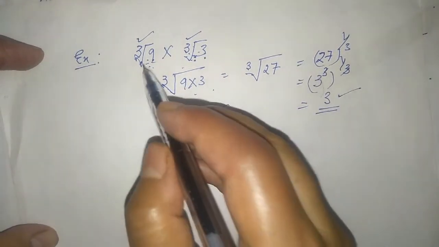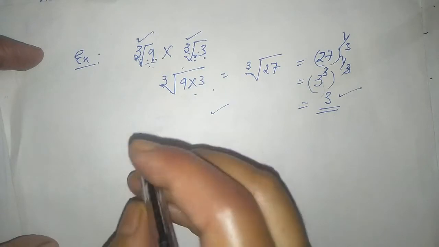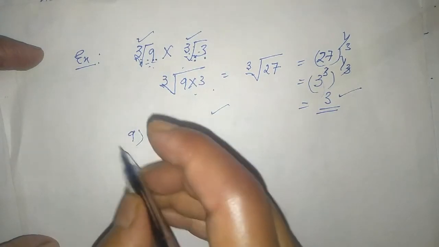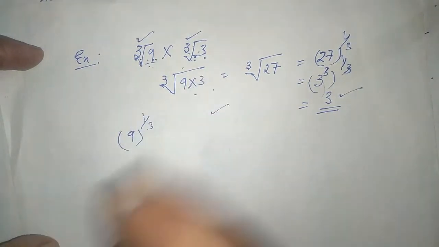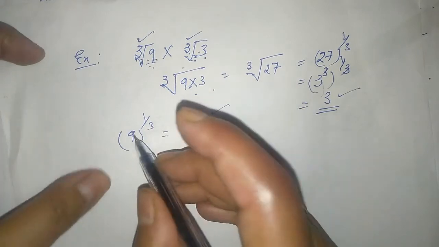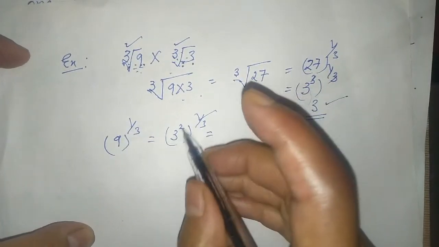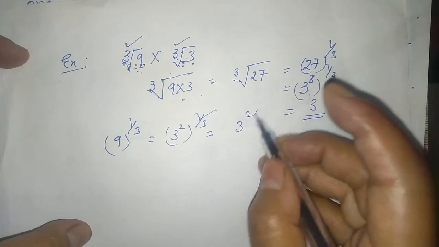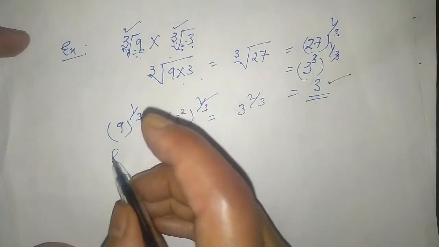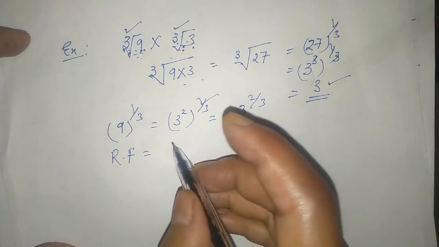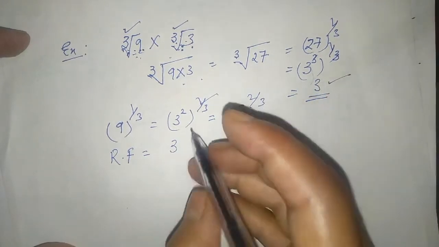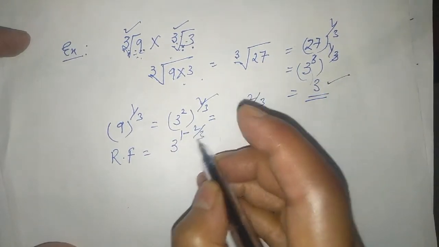Here the cube root of 9 we can write as 9 to the power 1 upon 3, or 3 squared to the power 1 upon 3, so we can write it as 3 to the power 2 upon 3. So the rationalizing factor is 3 to the power 1 minus 2 upon 3.